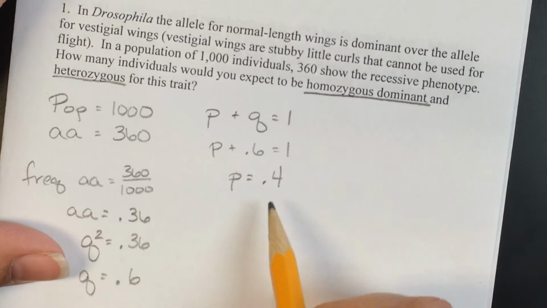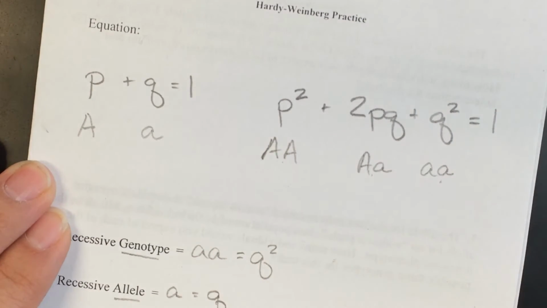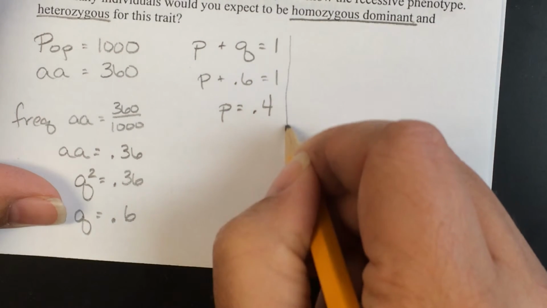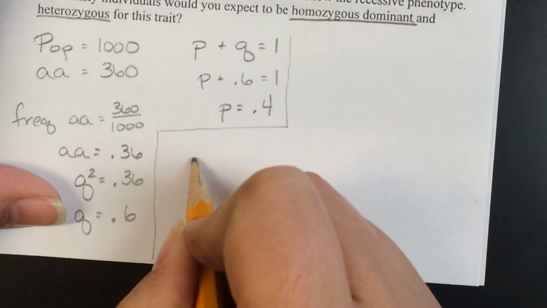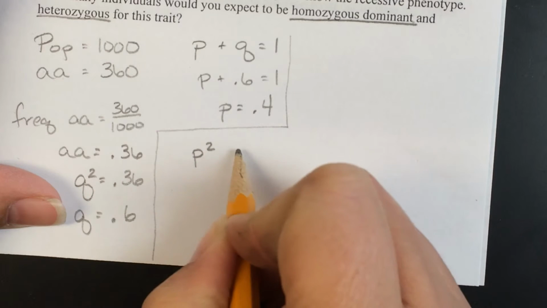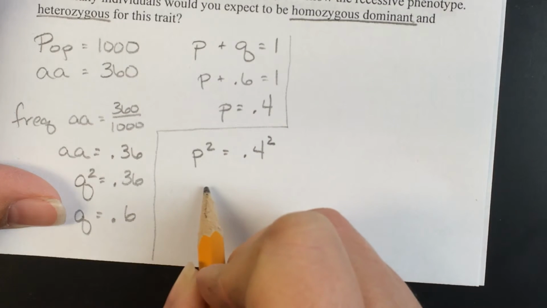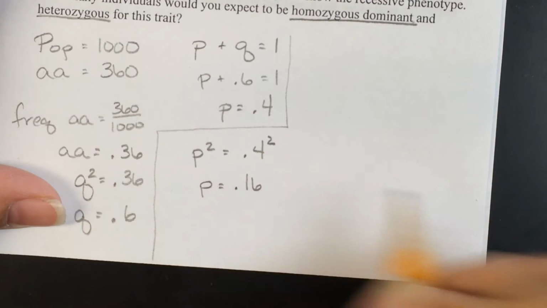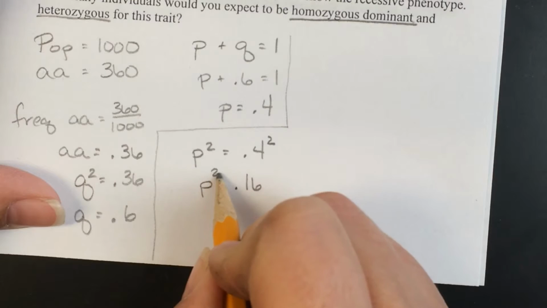So once you have a Q value and a P value, the rest of this is actually pretty simple. So to find our homozygous dominant, that's big A, we do P squared. So we're just going to box this off a little bit because we're getting a little too much information here. So to get homozygous dominant is our p squared value. So that's going to be our 0.4 squared. And so 0.4 squared is equal to 0.16.